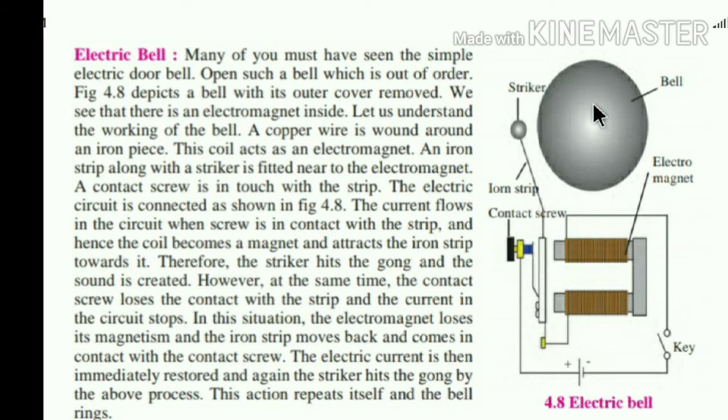A coil of copper wire wound around an iron piece works as an electromagnet. An iron strip along with a striker is fitted near it, near this electromagnet.